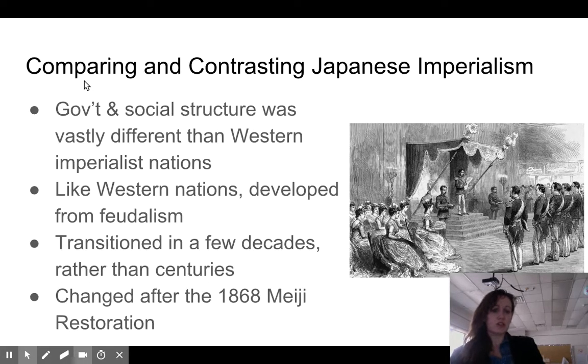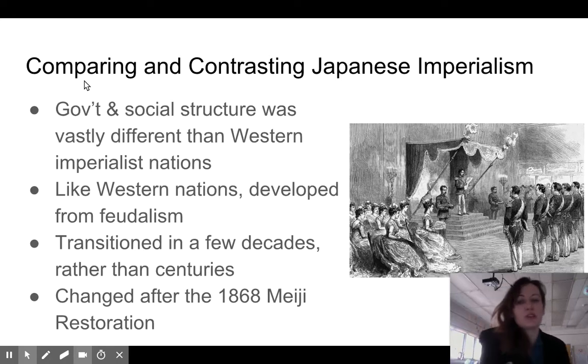So it's important to compare and contrast Japanese imperialism with Western imperialism. Some features were similar and some were drastically different. Okay, so the government and social structure in Japan was vastly different than Western imperialist nations. And like Western nations, feudalism was developed there, right? However, there's a big difference.